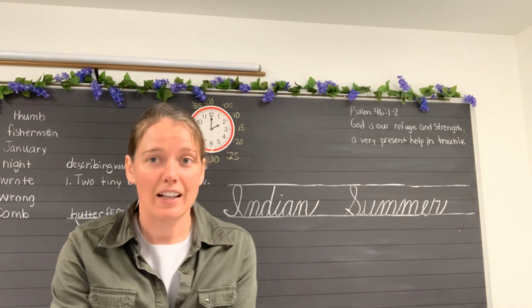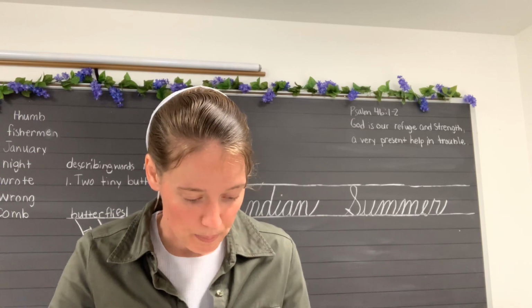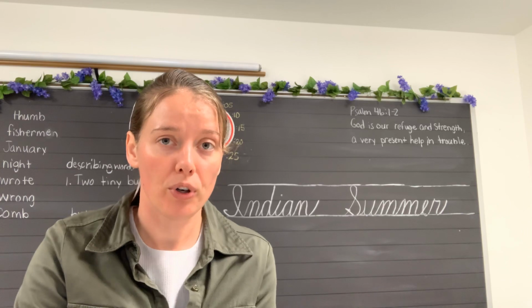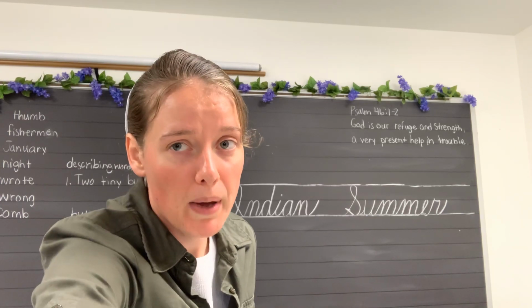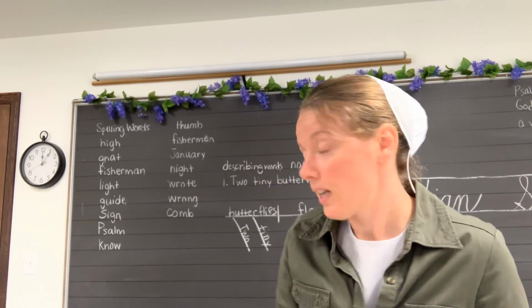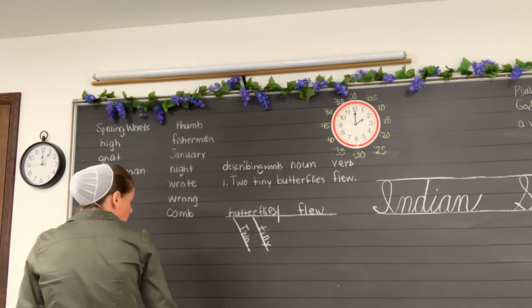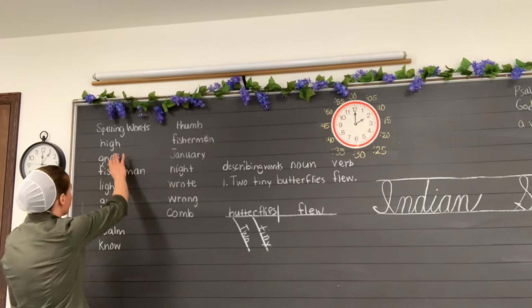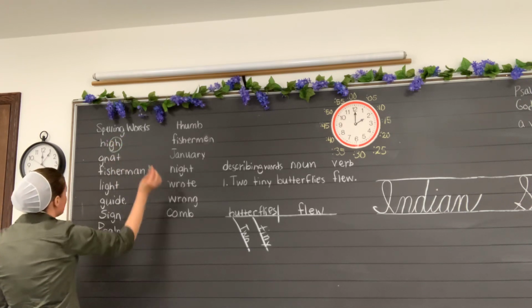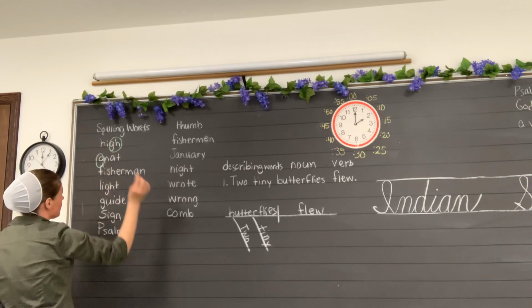Okay, and let's now also look at your spelling words. I'm going to drill again the silent letters that we have in your spelling words this week. So you can look over here with me, and we will look at the first word, which is high, right here. So high, GH is silent in high. In gnat, G is silent.